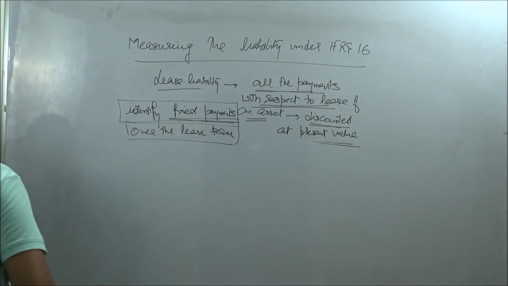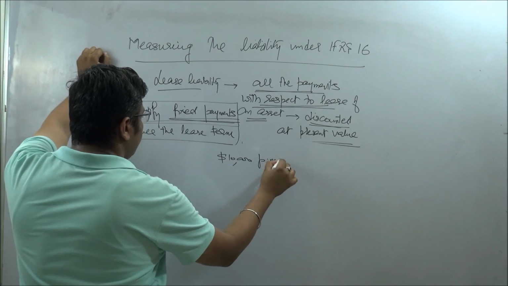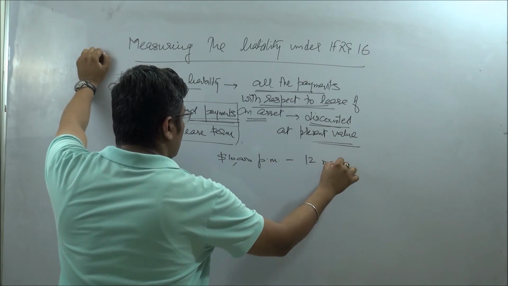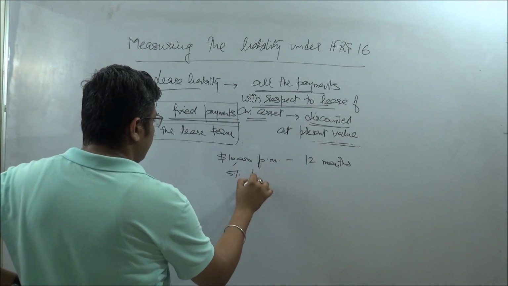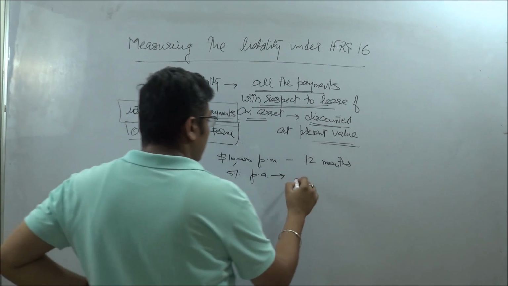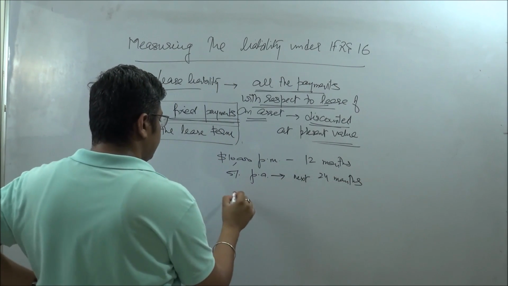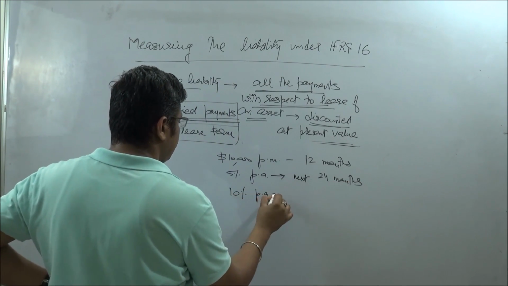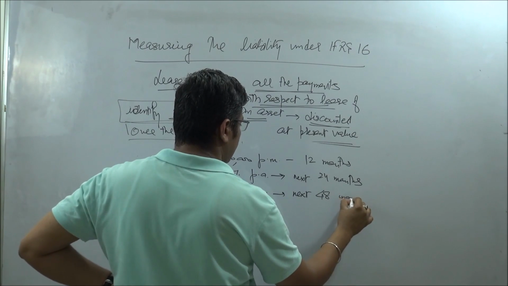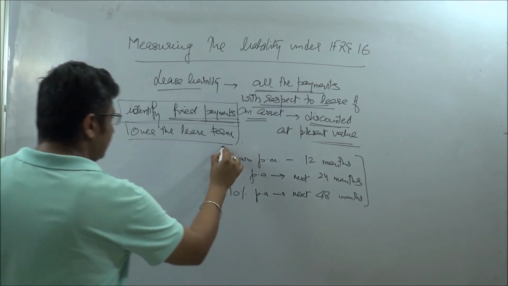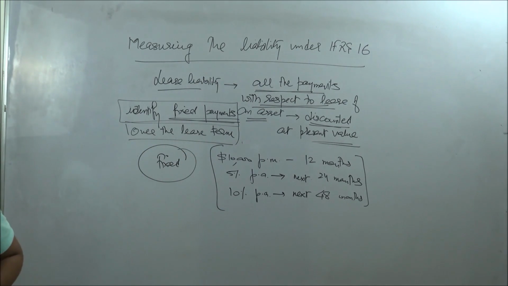That may further mean, for example, that I'm paying $10,000 per month for 12 months, right? This increases 5% per annum for the subsequent 24 months. This increases further by 10% per annum for the, let's say, next 48 months. Now, these are essentially fixed amounts, right?